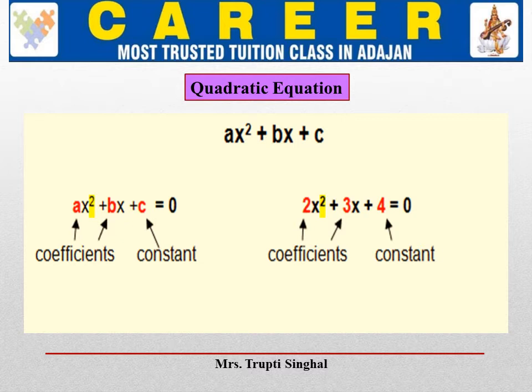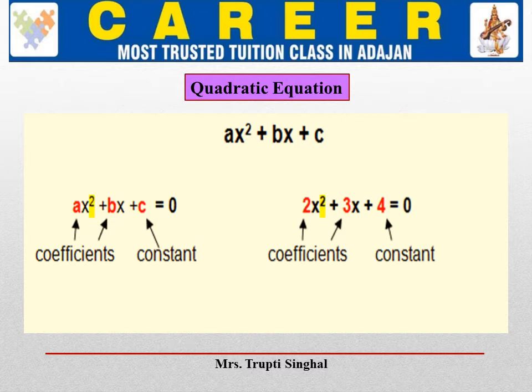The coefficients, the red ones you can see in this slide, a, b, c, are the coefficients. The constant term is the last term, that means it is free from the variable x, y, z, any.